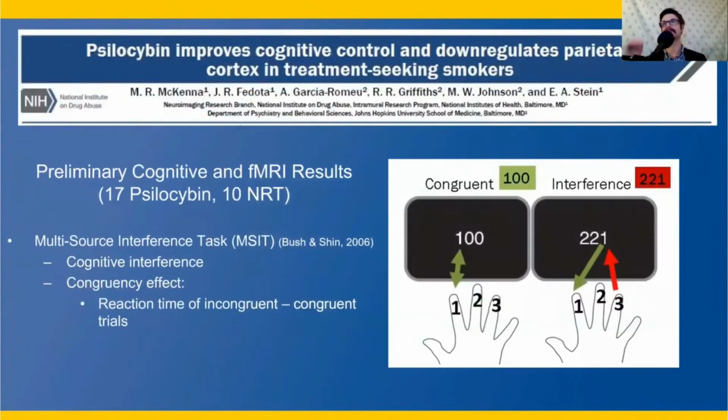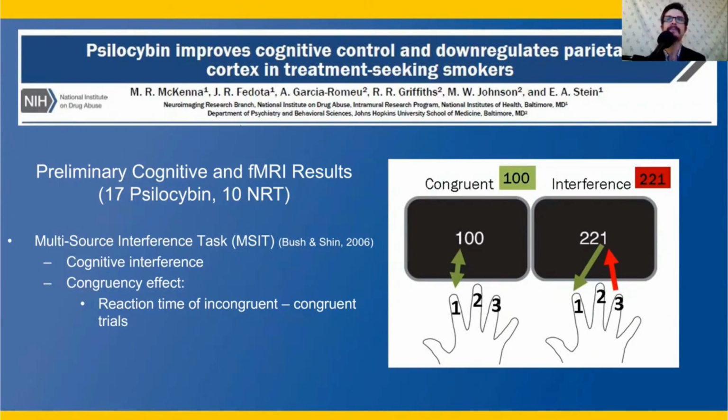We're also seeing an early signal of one of the potential mechanisms by which psilocybin might be helping people. These are early results in a subset of participants participating in the fMRI before and after imaging. This is done by our colleagues at a lab at the National Institute on Drug Abuse Intramural Research Program, our colleagues Elliot Stein and John Fedota.